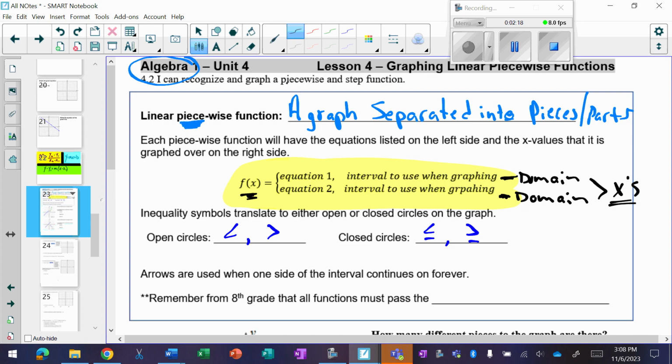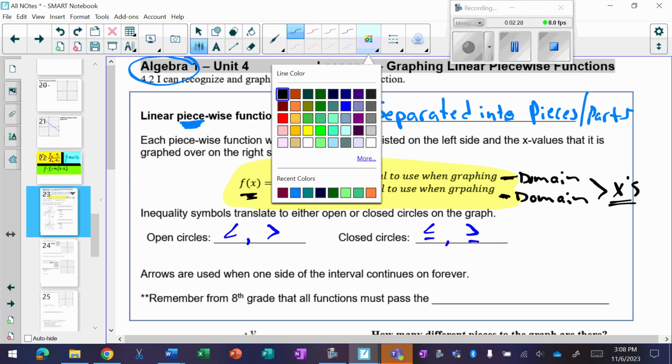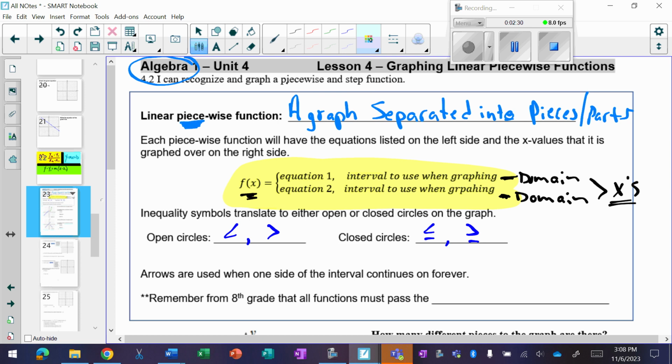So we'll have to show whether it's open or closed in the domain, and then on the graph also. The reason we need to get the open and closed correct is because all functions must pass the vertical line test.